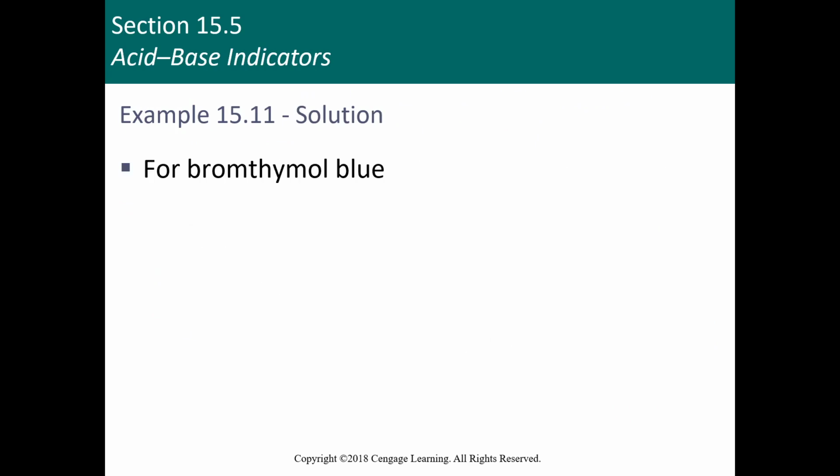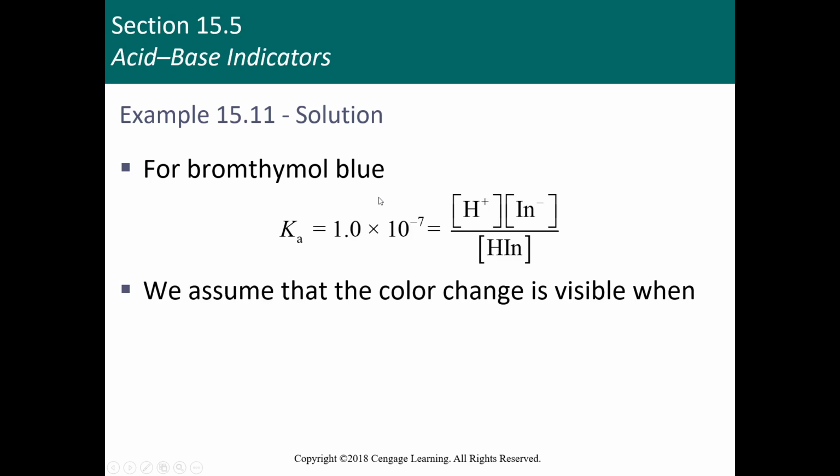Okay, so let's go ahead and do this problem. So for our bromothymol blue, excuse me, man, I need a drink. Our Ka is 10 to the negative 7. And so this is going to have that same Ka expression we see for all acids, where it's the acid over the conjugate base times H plus.